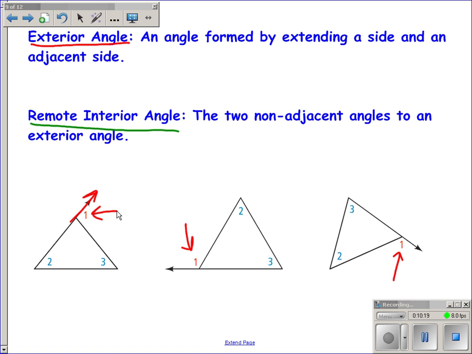So these two are remote interior angles because they're interior angles that are far away from this angle. Okay, similarly 2 and 3 are remote interior angles to this exterior angle, and these are also remote interior angles to the exterior angle that's drawn.